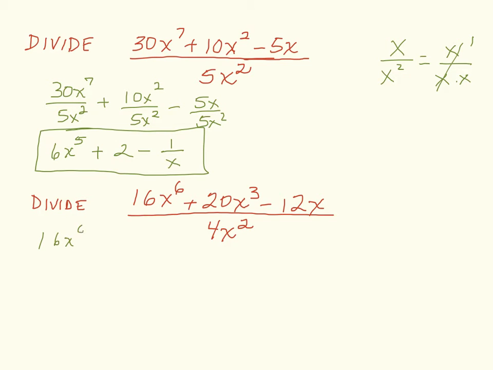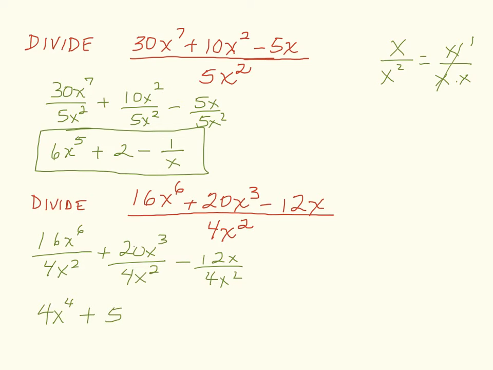16x to the 6th over 4x squared plus 20x to the 3rd over 4x squared minus 12x over 4x squared. Simplify. 16 over 4 is 4. X to the 6th over x squared is x to the 4th. Plus 20 divided by 4 is 5.